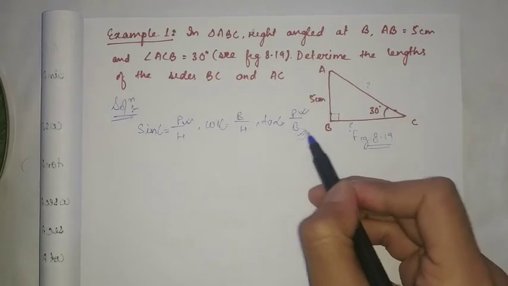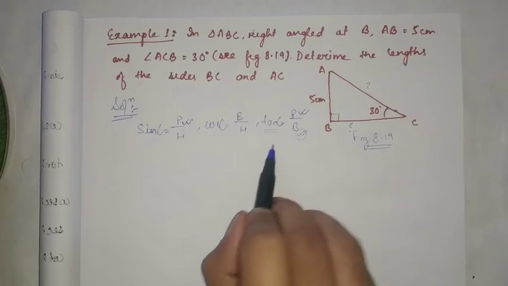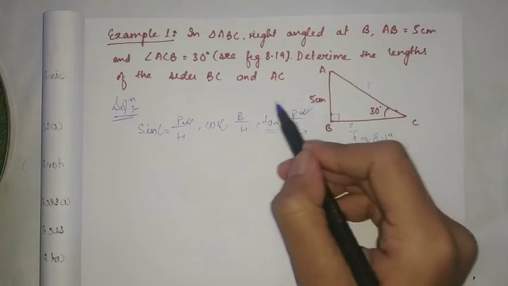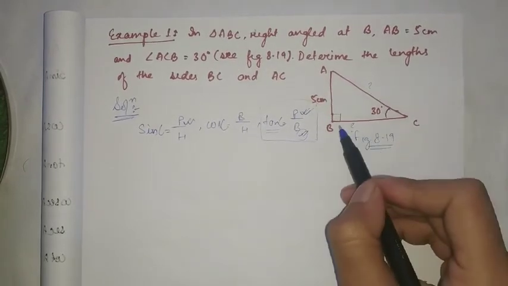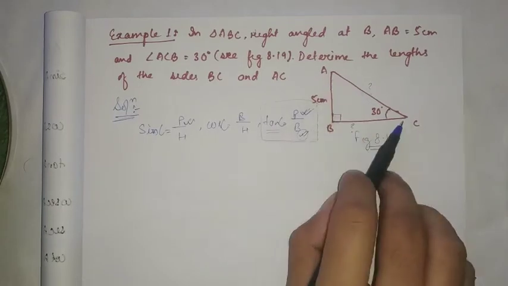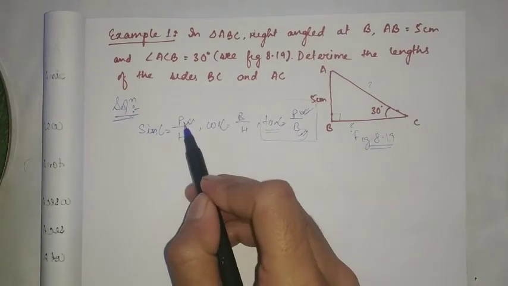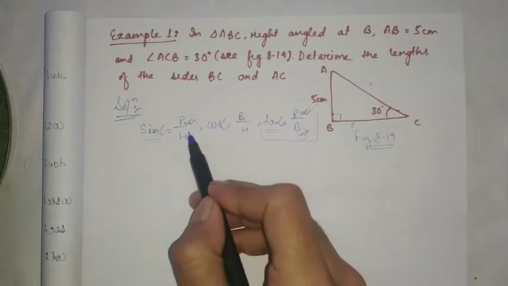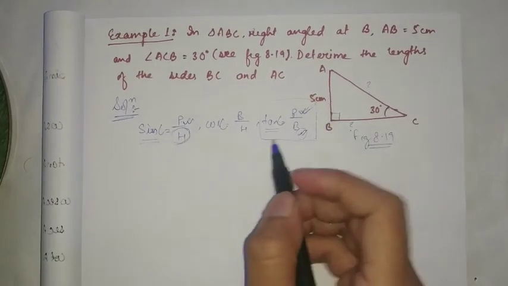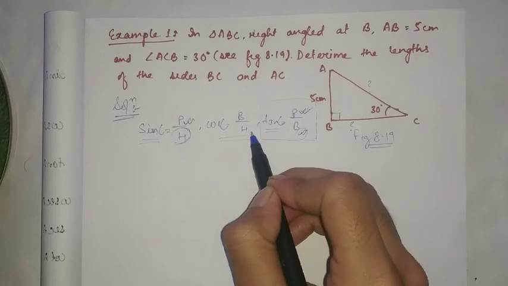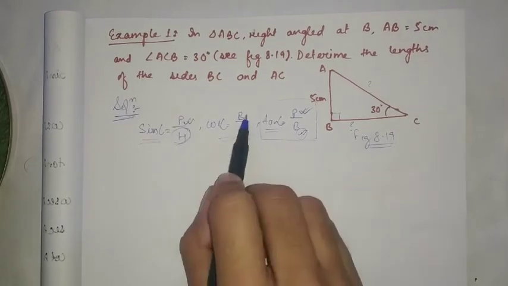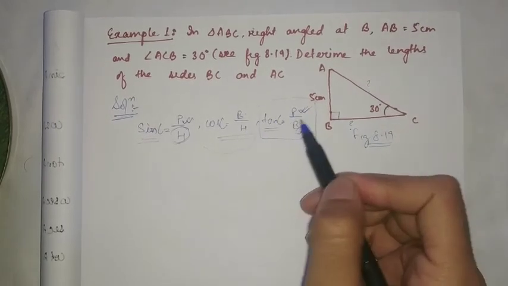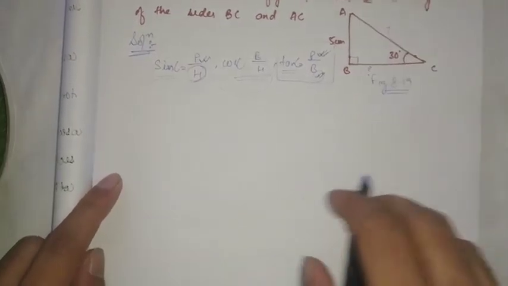From a table we can get the value of tan 30 degree, and we know the value of P, so we can determine the value of B. To determine AC, that is the hypotenuse, we see that the perpendicular is given. We know sine 30 degree from the table, and we can determine the hypotenuse. We don't use cos as we don't know the base and the hypotenuse. Or once we have known the value of base, we can use that trigonometric ratio to determine the hypotenuse. So let me show you how it is done.